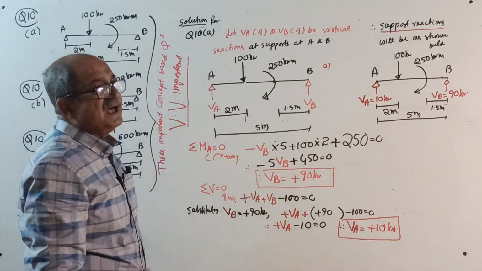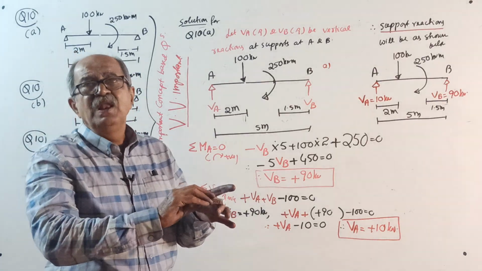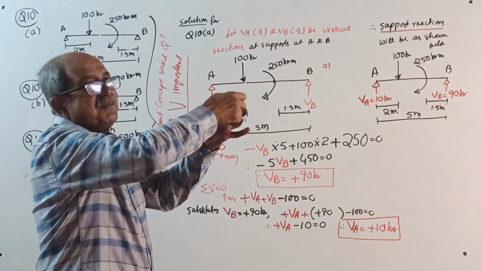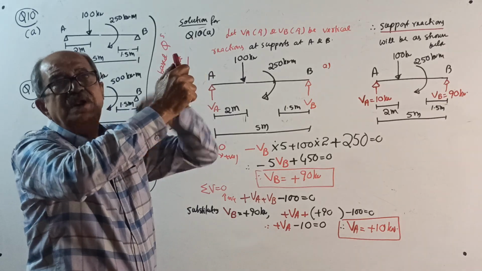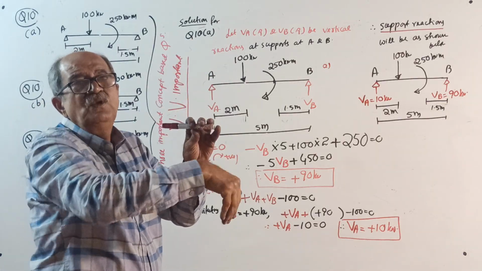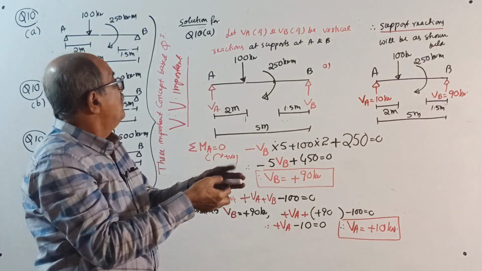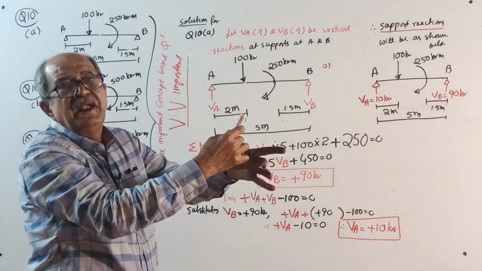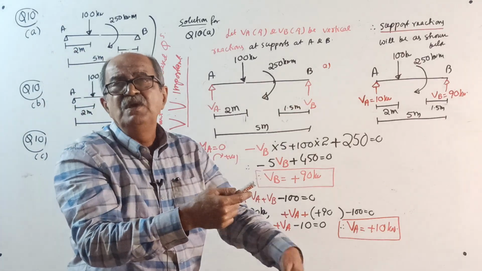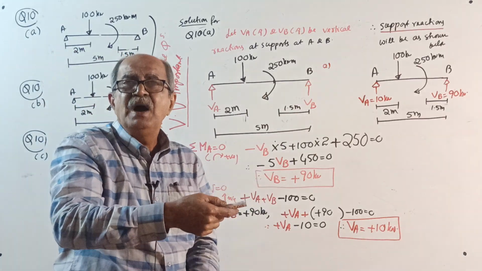But when couples are acting, if you apply a clockwise couple, left support gets lifted, so reaction will come down, right is pushed down, reaction will come up. Whereas if you apply anti-clockwise couple, right support gets lifted, reaction will come down, left support reaction will come up.